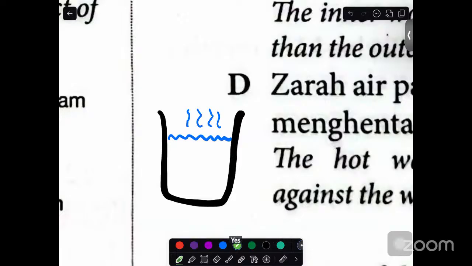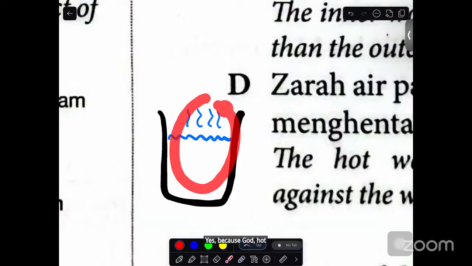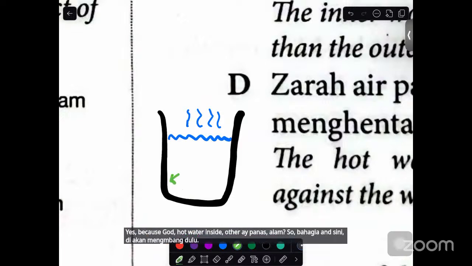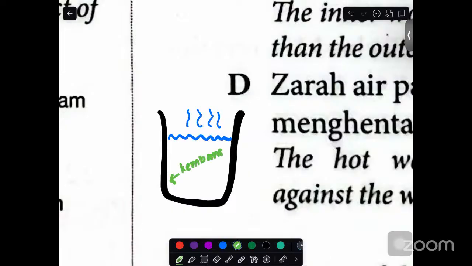Yes, because got hot water inside, ada air panas dekat dalam. So, bahagian sini, dia akan mengembang dulu. Mengembang dengan cepat. Okay, this one expands first. Okay, bahagian luar. Bagaimana pula dengan bahagian luar? How about the outside part of the glass? Dia mengembang juga ke?